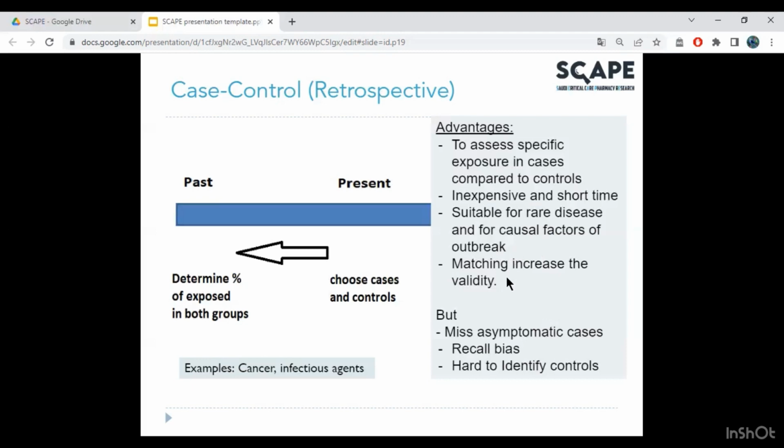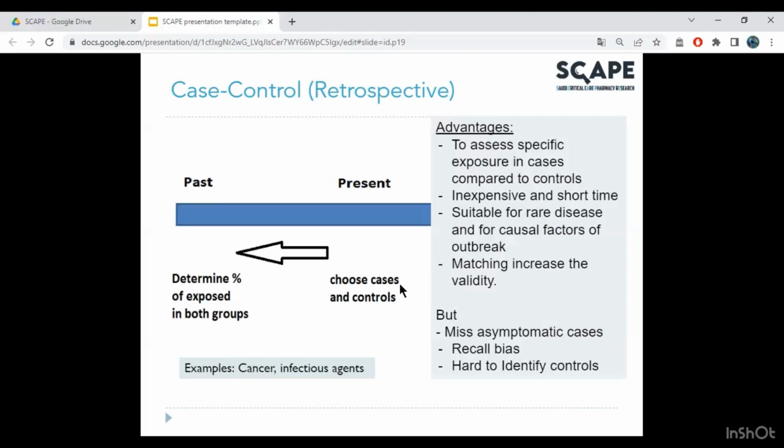In case control, matching of the cases and controls increases the validity and the quality of the study. Matching means we take a similar population in cases and controls in terms of the confounding factors. For example, if we are studying cardiovascular disease, we know that gender is a confounder because it occurs in males more than females.